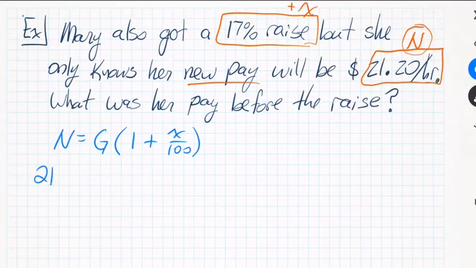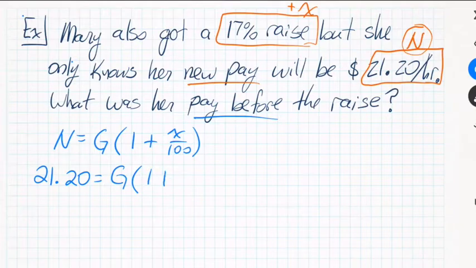So 2120 is equal to, and we don't know the old value because we're looking for the pay before she got the raise, which is the old value. And then 1 plus 17 out of 100. Now, if you want, you can change the 17 out of 100 to 0.17, and then 1 plus it is 1.17.